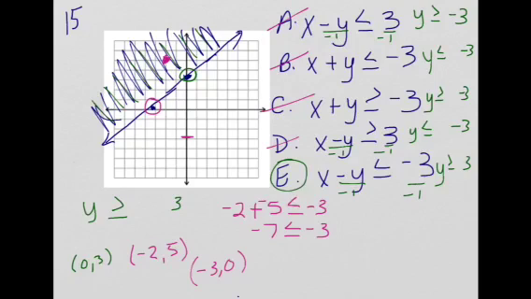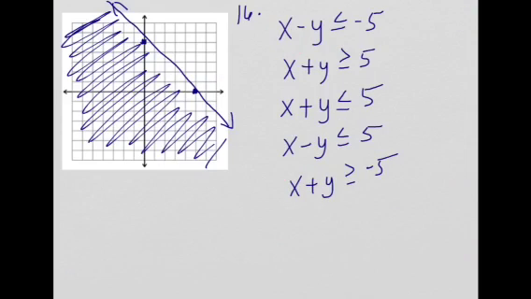So let's plug that in. Negative 3 minus 0 is less than or equal to negative 3. Negative 3 is less than or equal to negative 3. That's a true statement as well. So I've got two true statements with ordered pairs checked, and I've already done my shortcut to see the direction of the sign. So I'm pretty confident that E is going to be my answer.